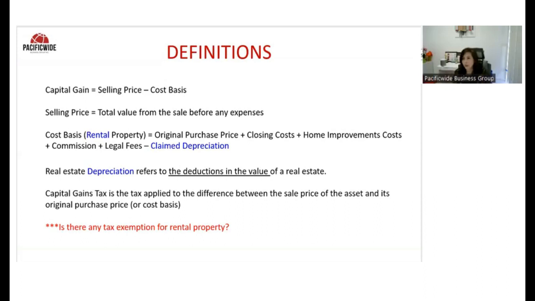You file tax on everything: home insurance, mortgage interest, property tax, HOA, the money you put in the home to prepare and fix it up. Everything, every single thing, and more than that, depreciation.